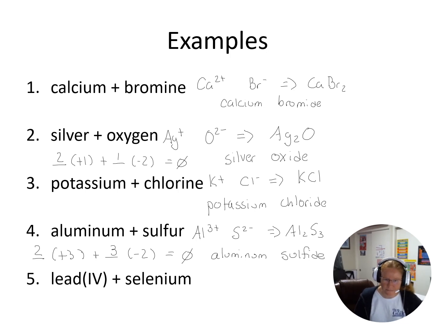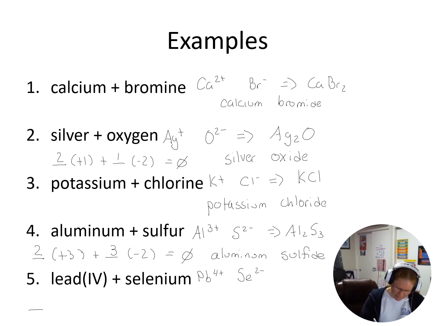Okay. All right, now we've got one with a Roman numeral. Okay, so lead, Roman numeral 4, which means it's a lead with a +4 charge. So we're going to get lead with a +4. Selenium, all right, is over there also in group 6A, like oxygen and sulfur. So it needs 2 more, so we're going to get an Se with a -2.